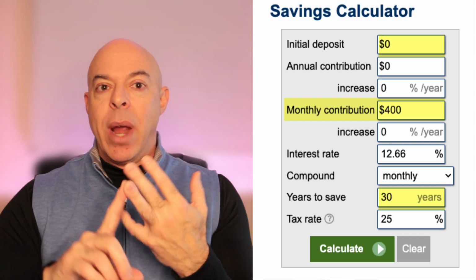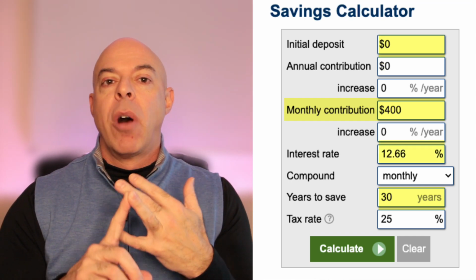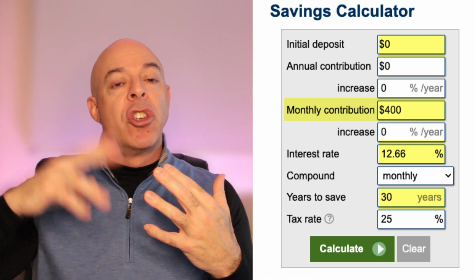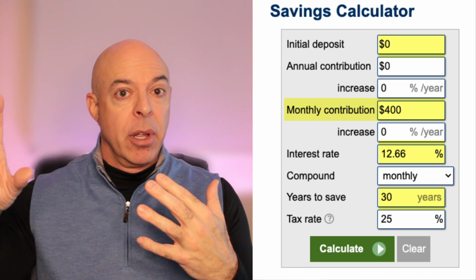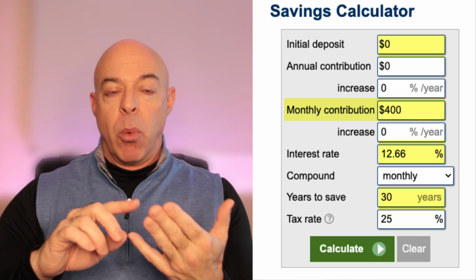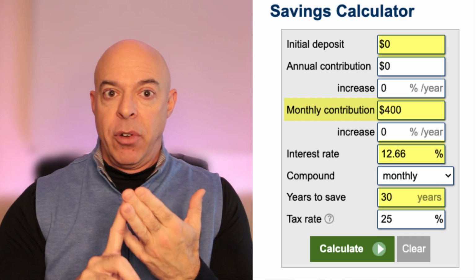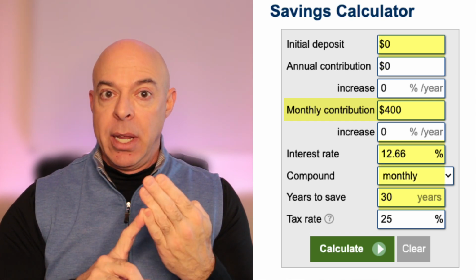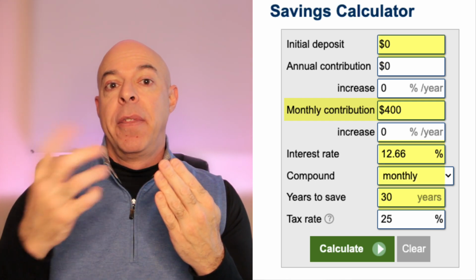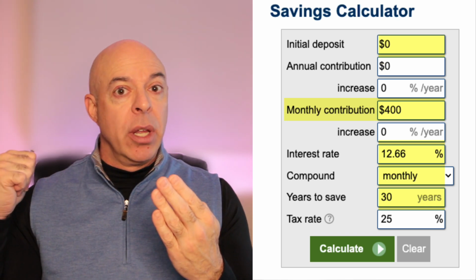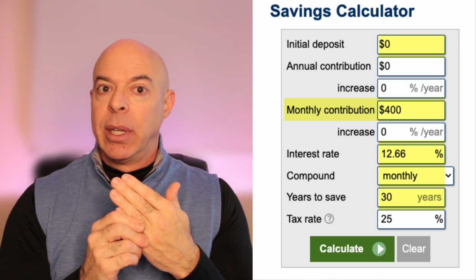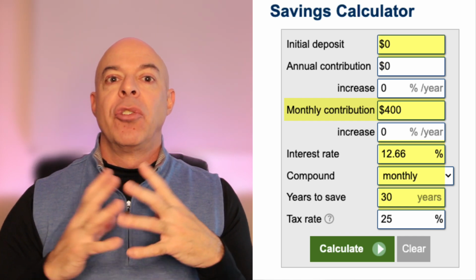Then the rate right now, the effective yield, is 12.66%. Now that can go up and that can go down because the share price can change over time. So it's not a perfect example, but we're going to hold that for the entire 30 years, 12.66. We're going to compound it monthly, which means every month that we get a dividend, we don't use it, we reinvest it in more shares. And then, importantly, is the last factor, which is taxes.